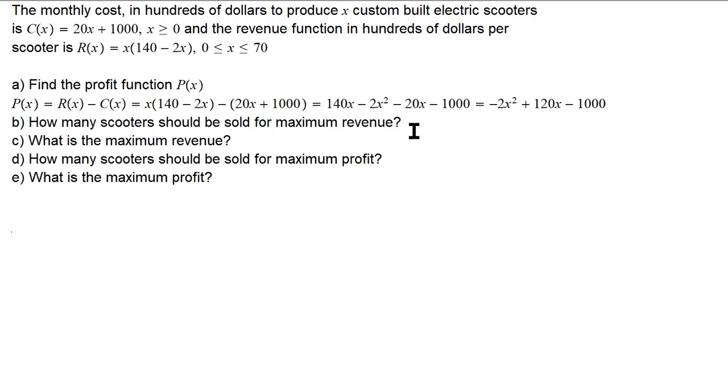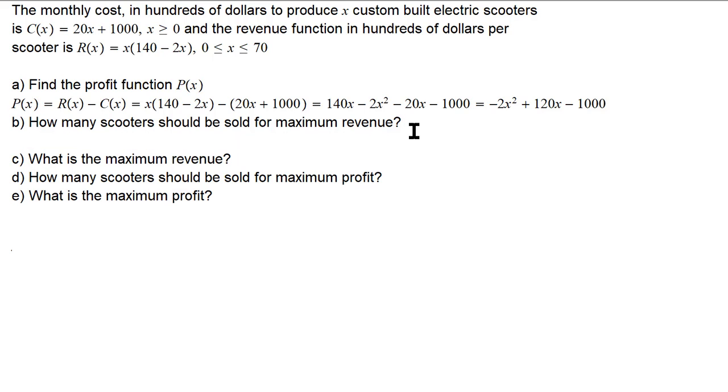Now it asks how many scooters should be sold for maximum revenue. So here we have to take the revenue equation, and this is a quadratic equation: negative 2x squared, I'm just writing in decreasing order of x, plus 140x.